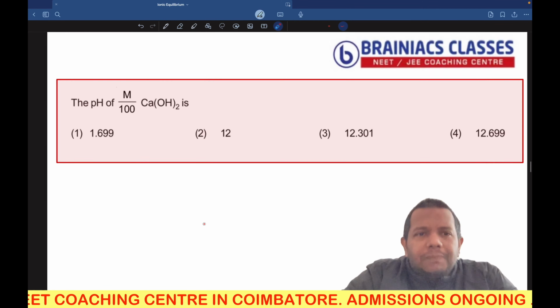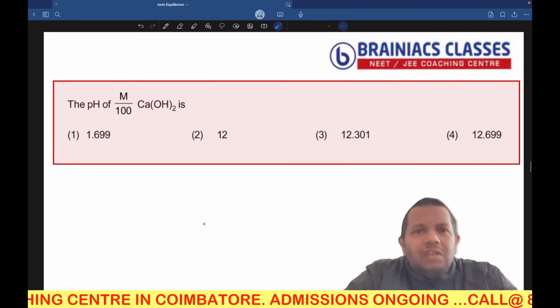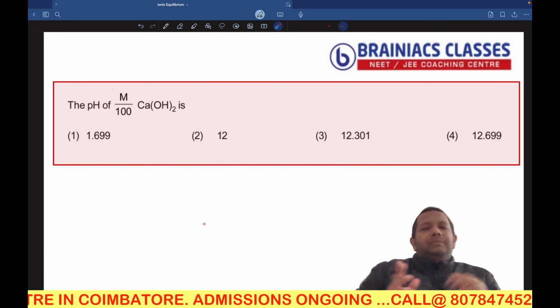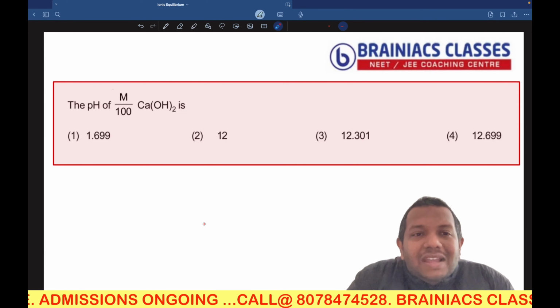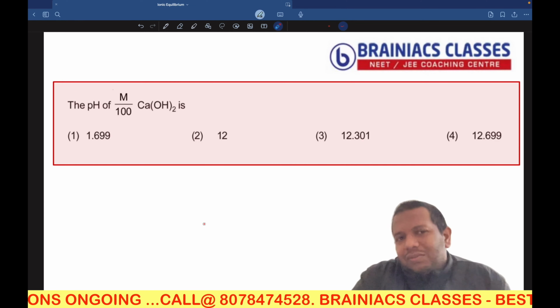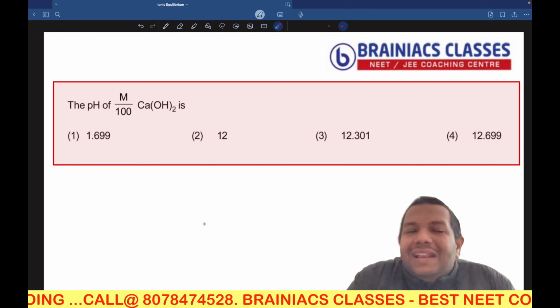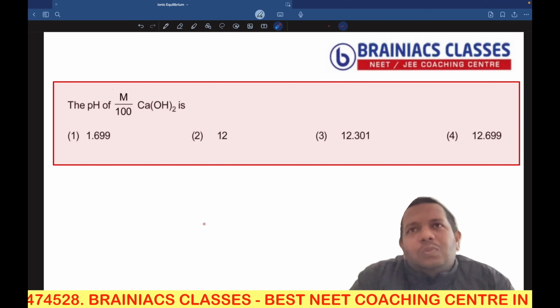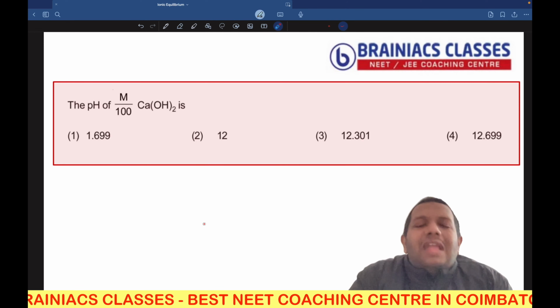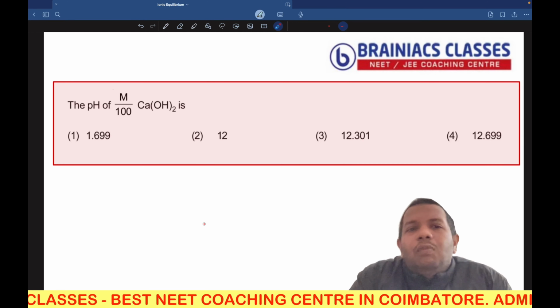So we have the next question in front of you. Everybody, you can go through the question. Here you can see the pH of 1 by 100 molar calcium hydroxide. Earlier they had given HCl, and many students will say HCl produces H plus so we can calculate pH, but here calcium hydroxide is given, so how will you calculate pH?